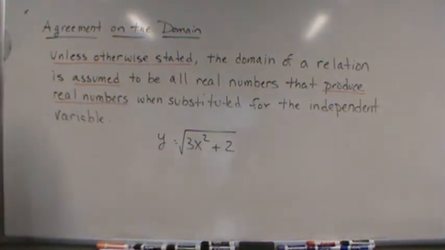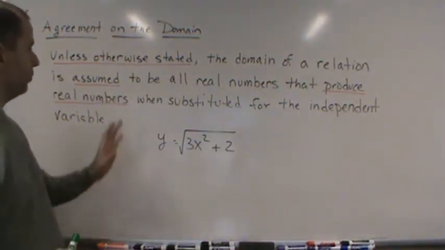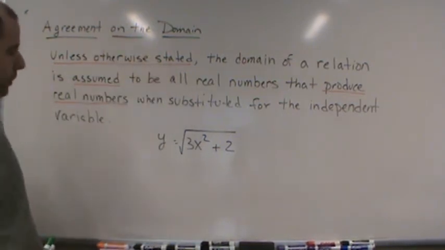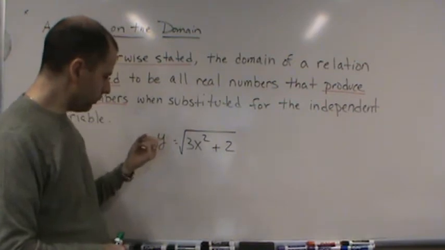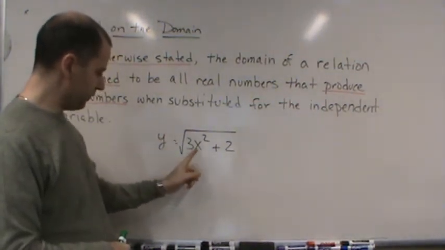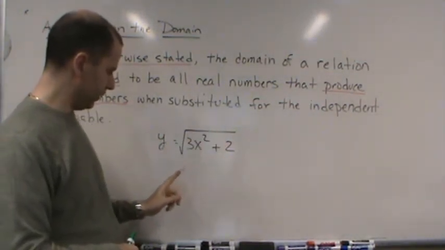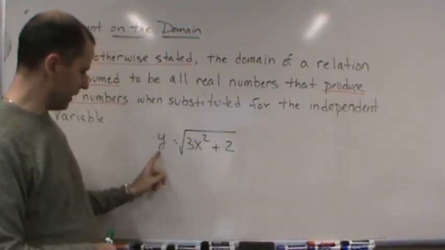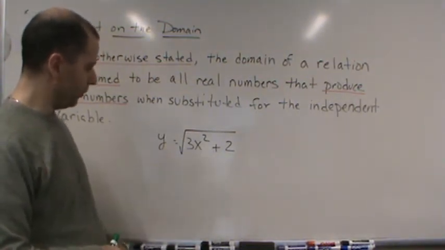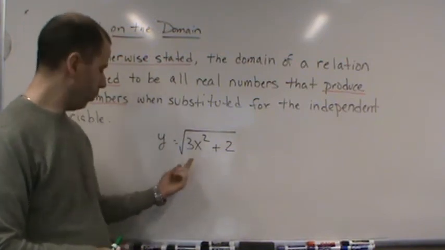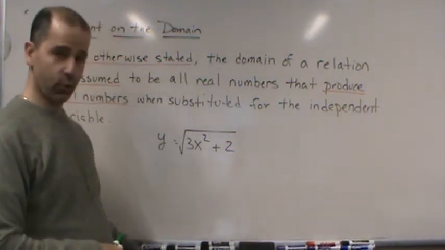Well, now I've got a square root. In this case, using this agreement on the domain, are there any values of x that if I stick them in here, I can't get something for y? Well, in this case, again, no. Because what can I not have under a square root sign?